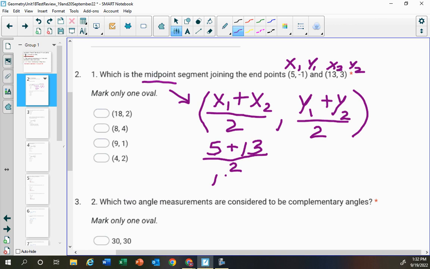And then we divide by 2. 18 divided by 2 is 9. Good. And then you're going to do the same thing for the y's: -1 plus 3, divide by 2.